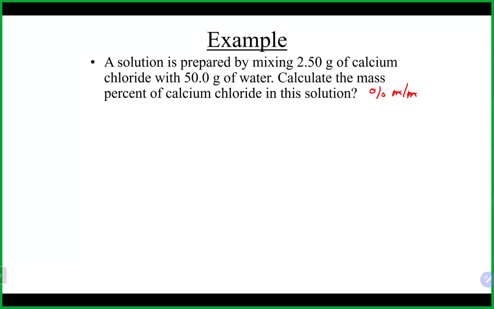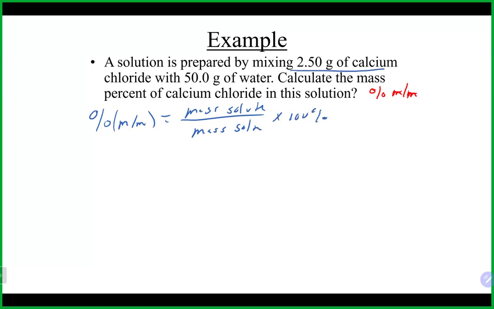We're looking for our percent mass to mass here, which should be our mass of our solute divided by the mass of the solution times 100%. In this case, our calcium chloride would be our solute, as that is the smaller part of our solution. The water would be our solvent, which is the larger part of the solution.